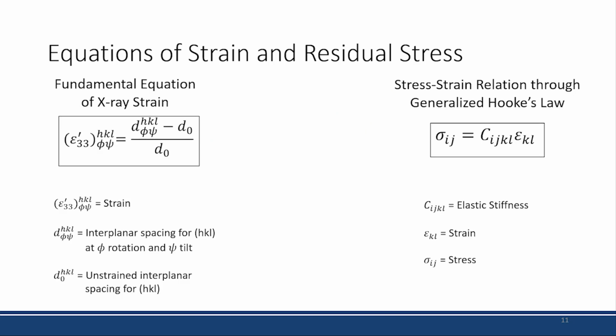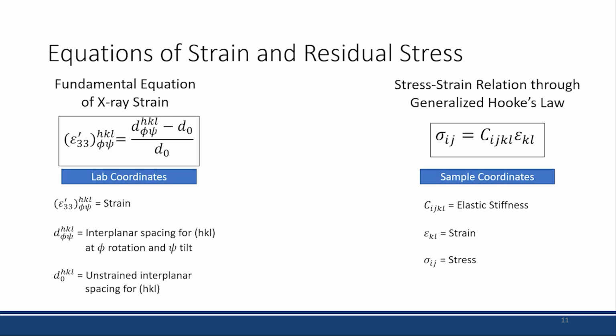And so when you're calculating stress and strain, you're going to use those interplanar spacings and all of those different orientations to look at the different grains in the crystal. And we're detecting strain. We can also detect stress by the generalized form of Hooke's law, and that's related to strain. The problem when you're making these measurements is that the strain is measured in lab coordinates, and stress is in sample coordinates because your sample has its own frame of reference as well.